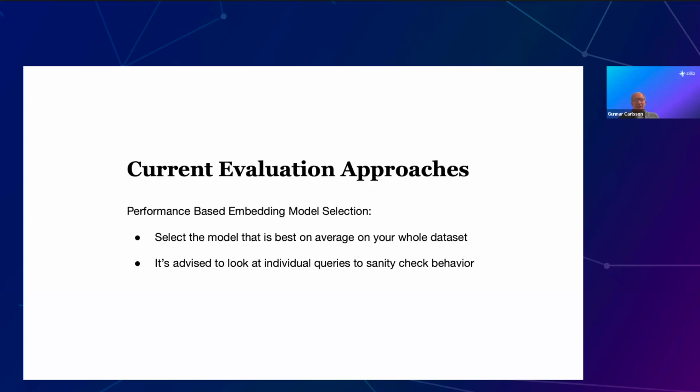What we've seen for choosing an embedding model for vector databases is that today, the current approach is to look at the average performance on an entire data set. And when people are advised to look at the actual queries, we've seen in many cases that they're advised to look at individual queries. Each of those has its own merit. However, if you take the summary of an entire data set, you're not seeing where the problems are happening.